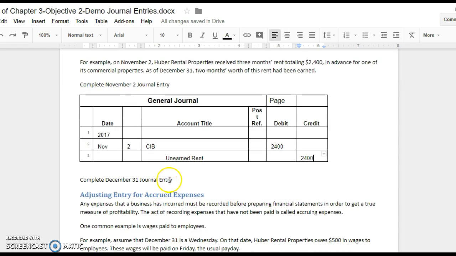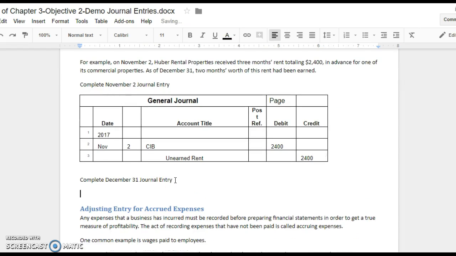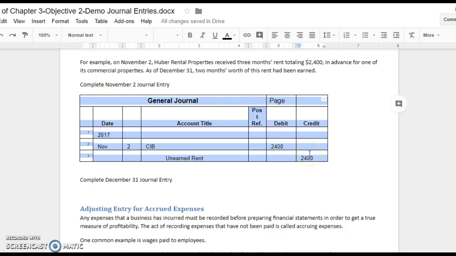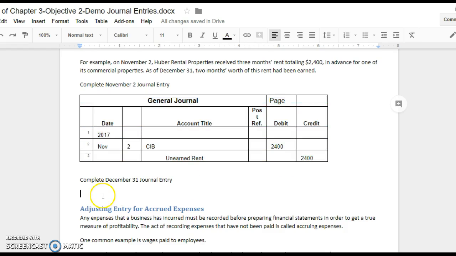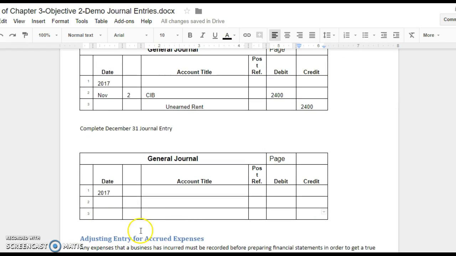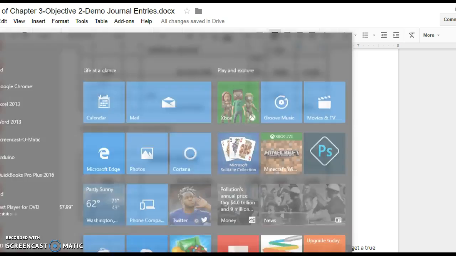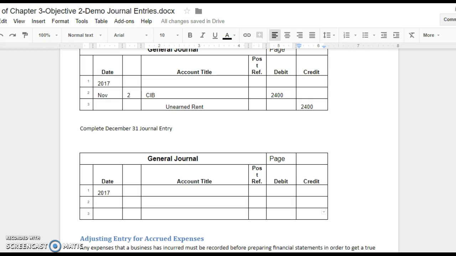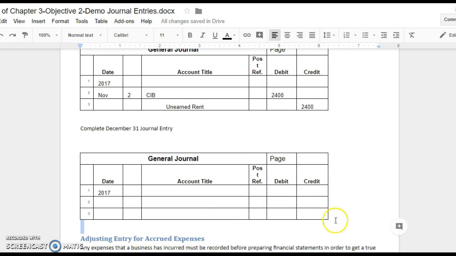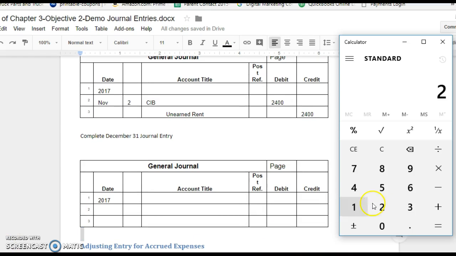Okay, so let's go ahead and do that. I don't know why you don't have a table in there, so I'm going to copy and paste. If I get out my calculator, take 2,400 divided by 3, and you will see that it's 800 per month.